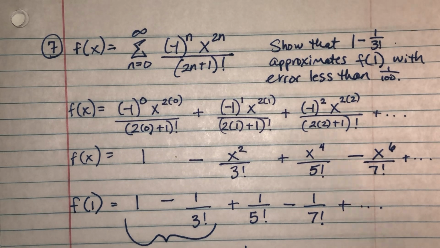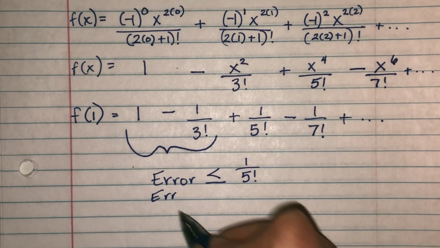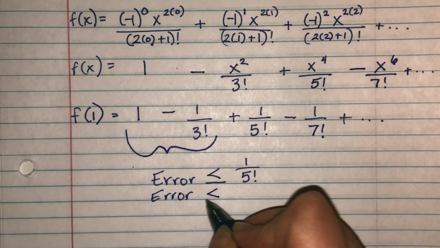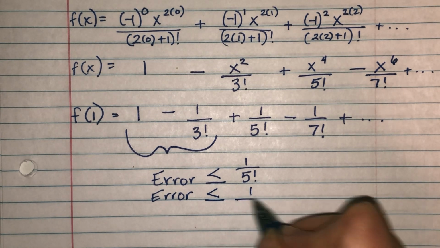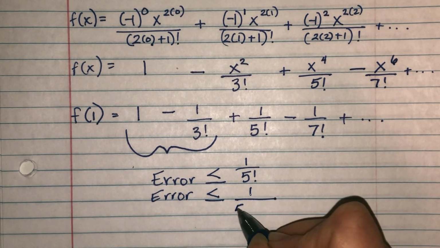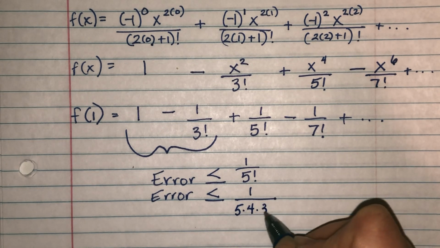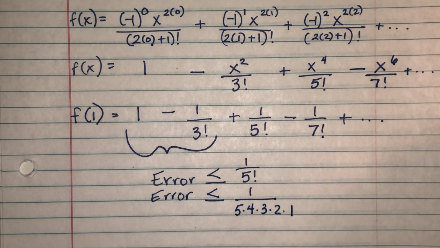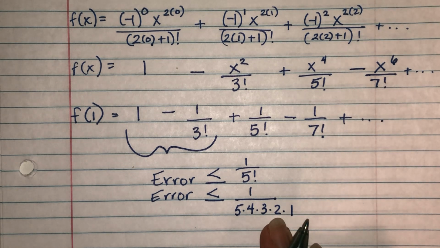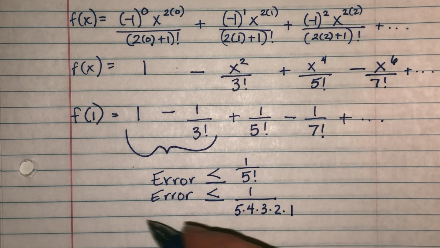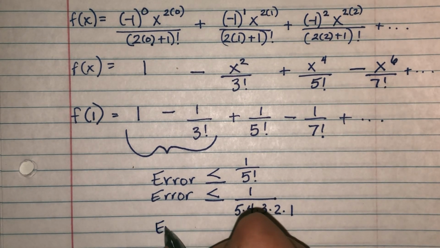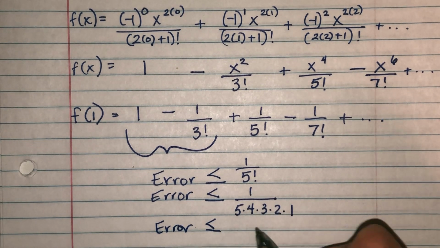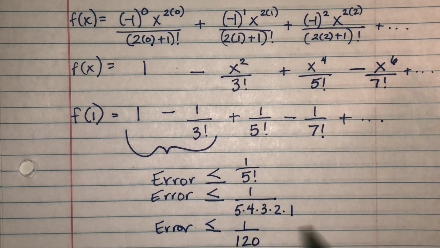So this means my error, sorry, I don't think you could see that I zoomed in. Error is less than or equal to 1 over 5 factorial, which means 5 times 4 times 3 times 2 times 1. Okay, so what is that? 20 times 3 is 60 times 2 is 120 times 1 is 120. So the error is going to be less than or equal to 1 over 120.